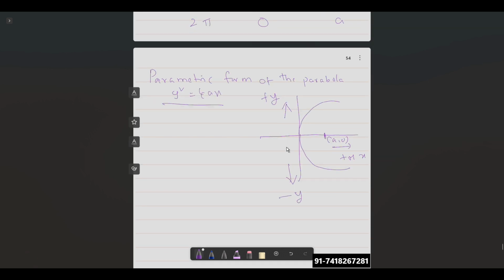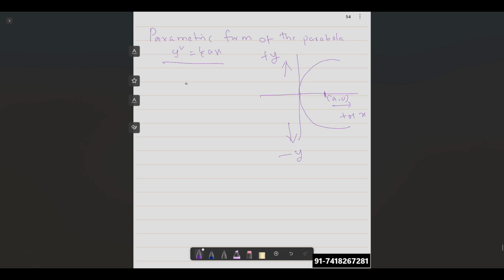For this, how do we arrive at the parametric equation? Basically, we have to assign x some value, and corresponding y value we can get.